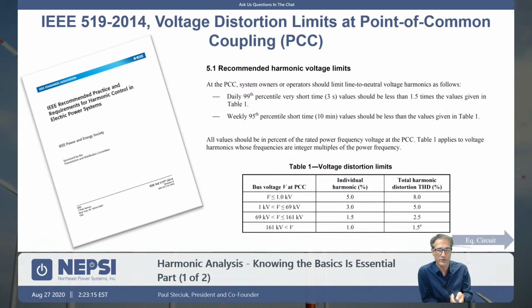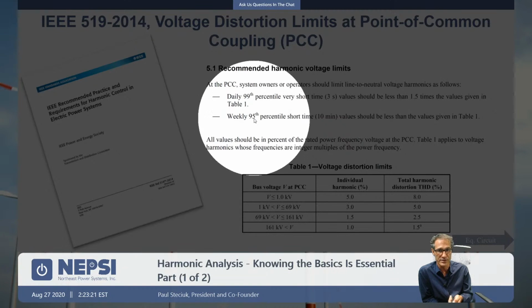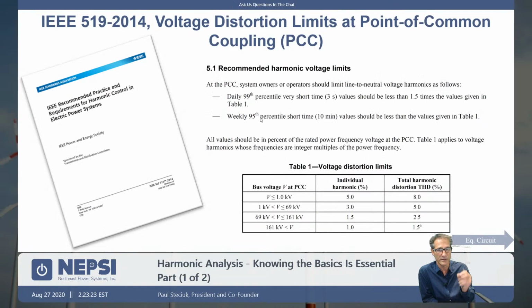2014 is a statistical based limit now, and really the one that I often pay attention to is this 95 percentile, meaning 95% of the time the values will be below that value during a measurement period. And that measurement period might be a month or a week, typically a week, and all those measurement values are bucketed into a statistical table, and they look at the 95 percentile number, and it has to be below this table.